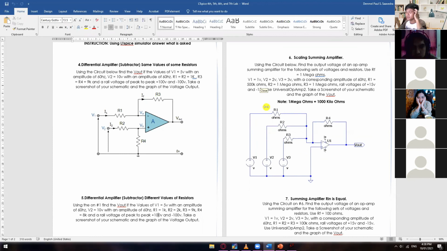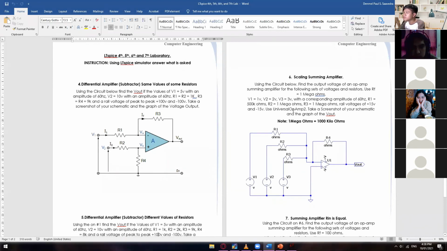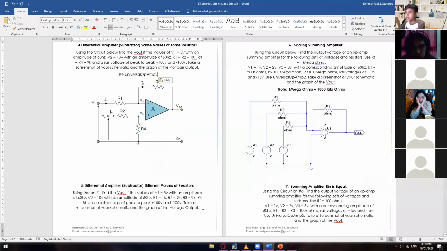Duman has a question. Sir, anong app gagamitin? Universal. The one that you're going to use, I think I have indicated it in here. Ah, the one that you're going to use for number 4 and number 5 is universal op-amp.